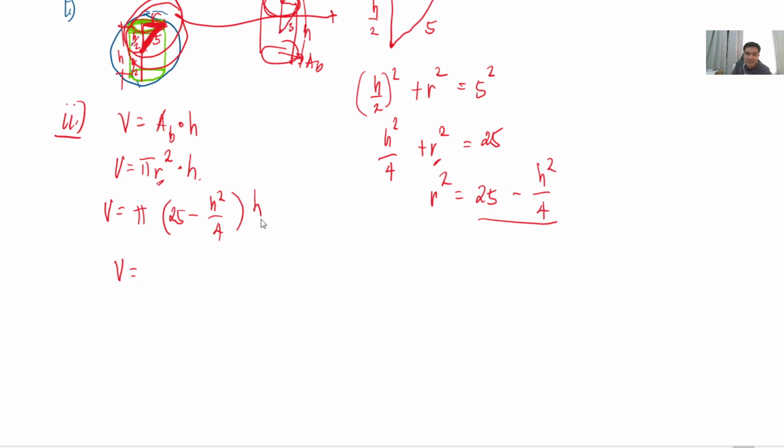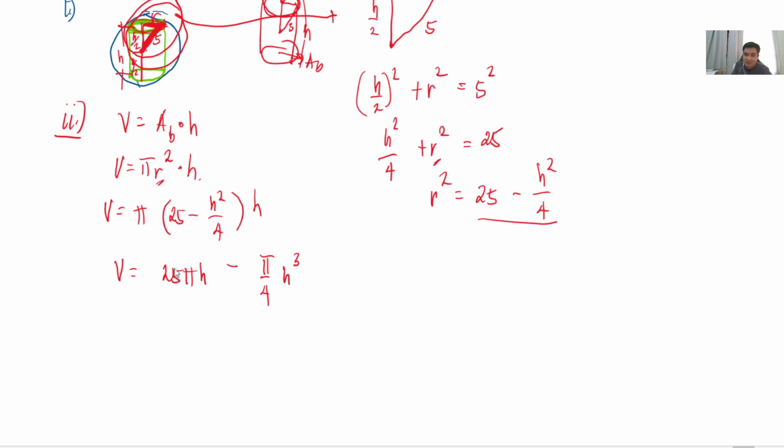V, pi H, okay? 25 times pi, that's 25 pi times H, that is 25 pi H. Minus H squared all over 4 times pi H, so magiging pi all over 4 H cubed, or pi H cubed divided by 4. Tama ba? Okay. So, lahat na in terms of H.